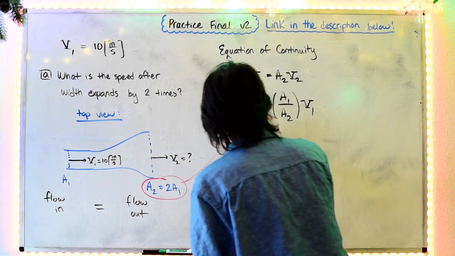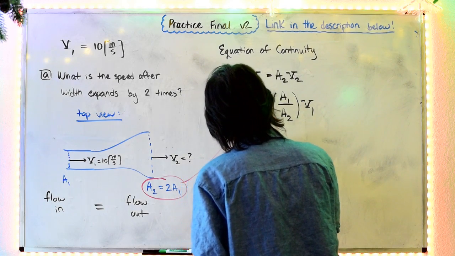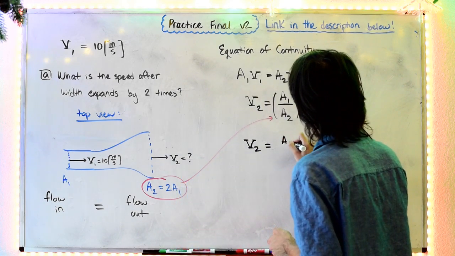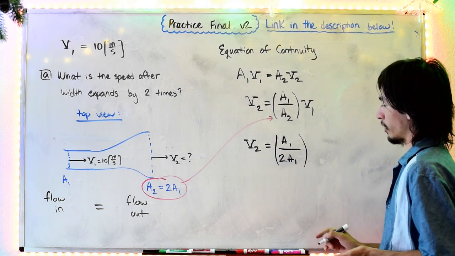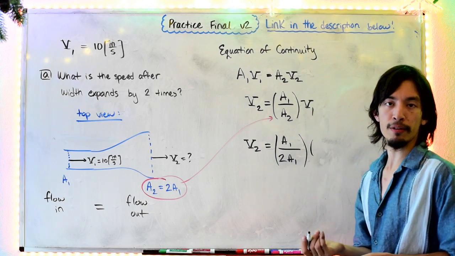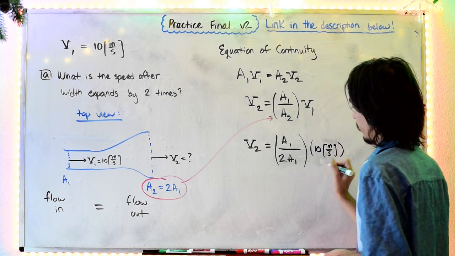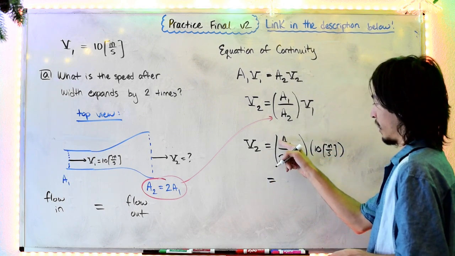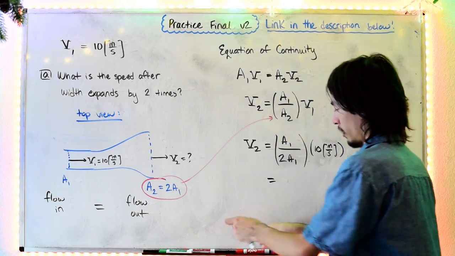So V2 equals A1 over 2 times A1, which is what our area at 2 is, and times our initial speed of 10 meters per second. And that's just going to be A1 canceling here.